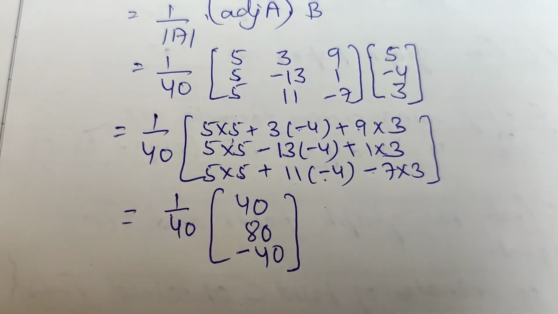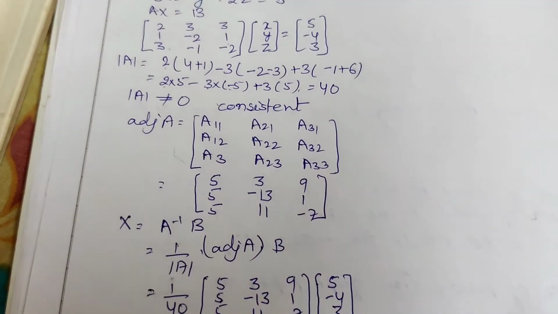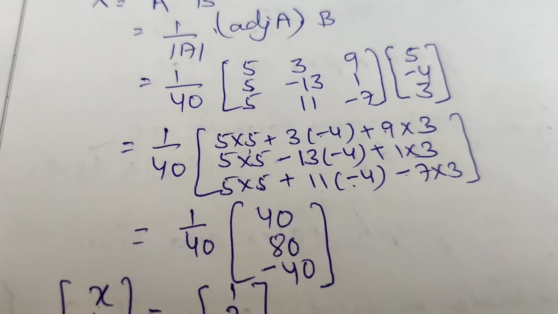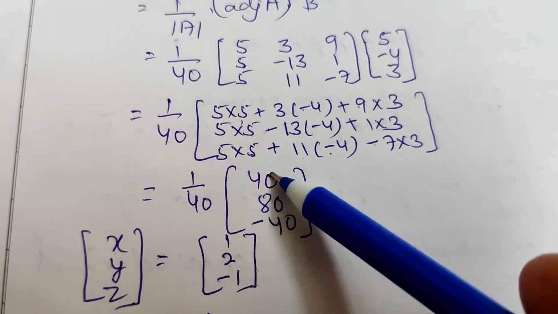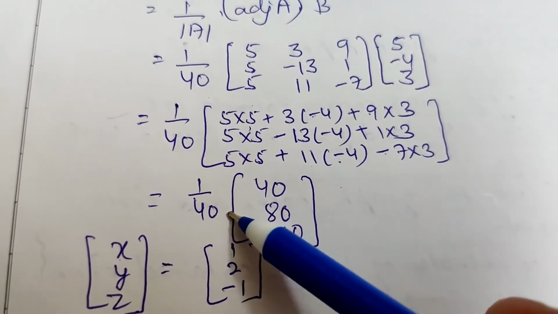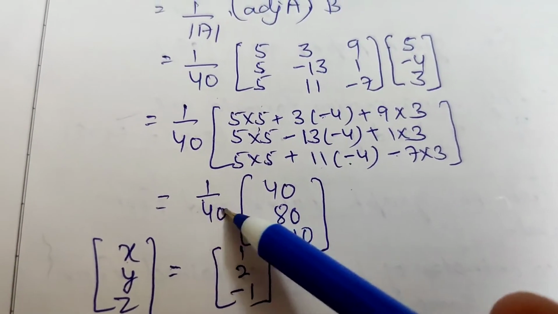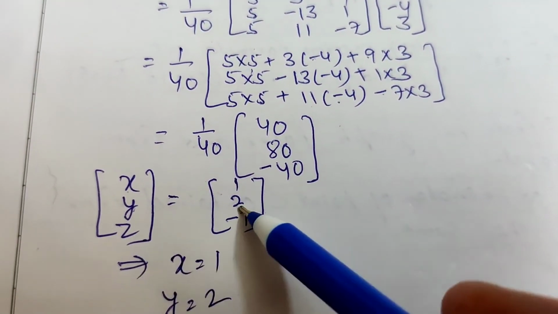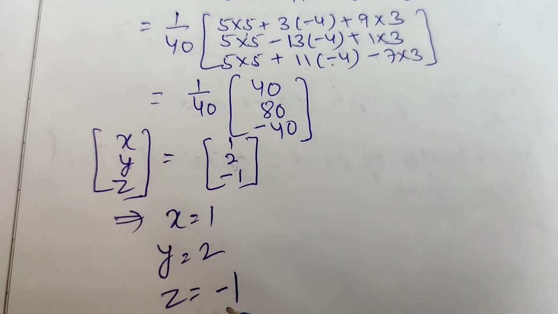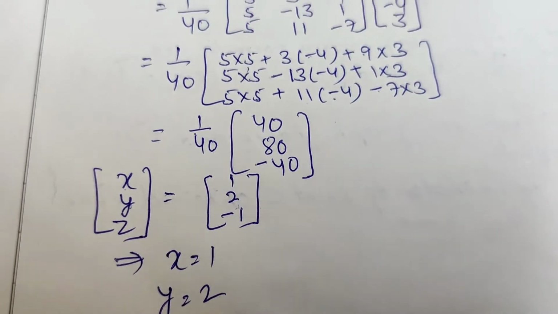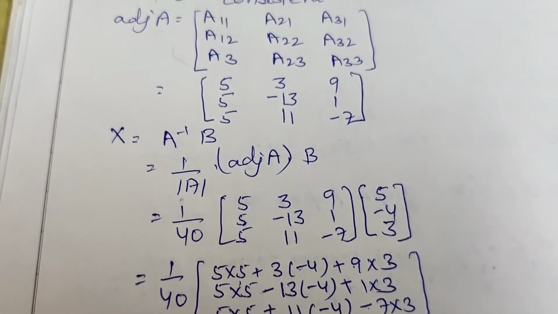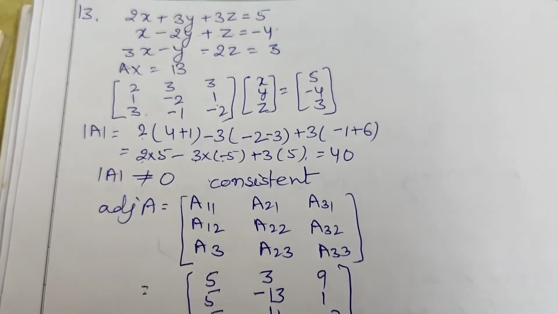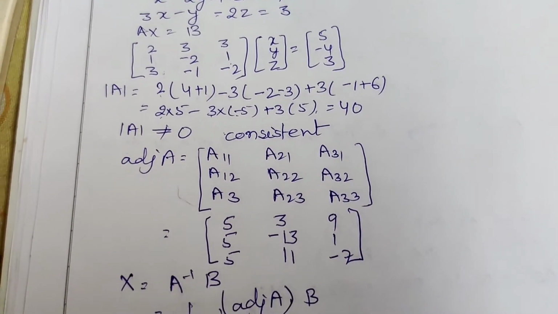Okay, now divide each one by 40. You get 1, 2 and minus 1. Now compare x equal to 1, y equal to 2 and z equal to minus 1. This is the solution of question number 13. Okay. Now question number 14.